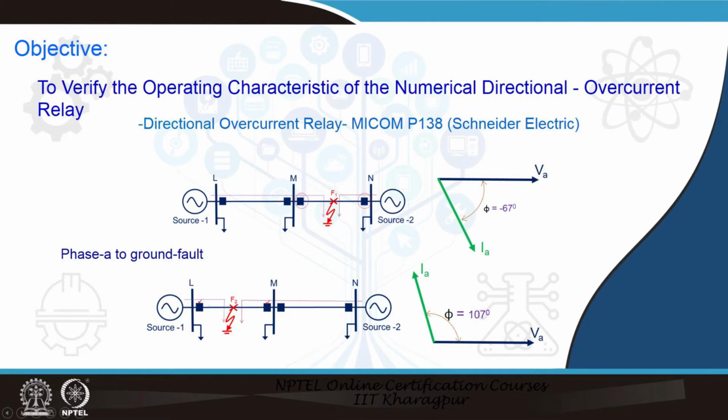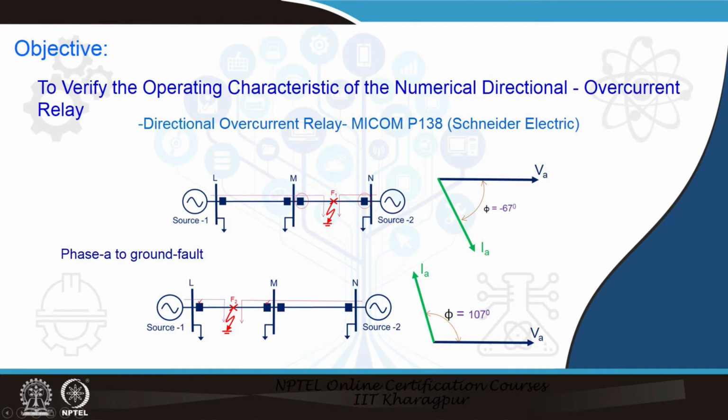Just to refresh on that basics, we see that the direction information is the direction of the fault with respect to the relay position. So, if we consider these line sections, we have a relay at bus M and a fault at F, which is the forward direction fault from the M bus relay.